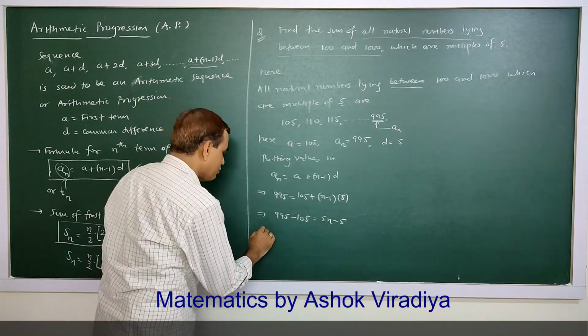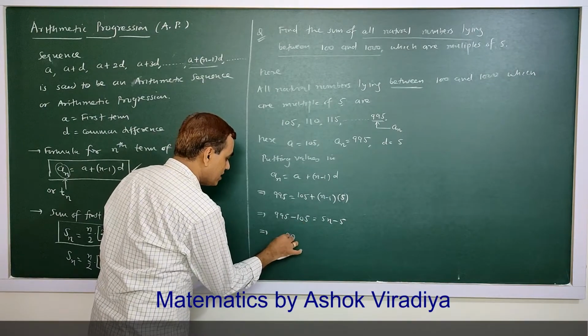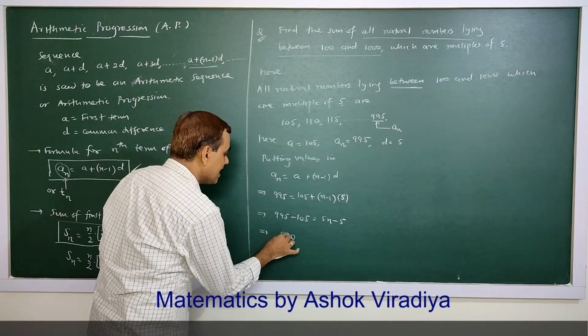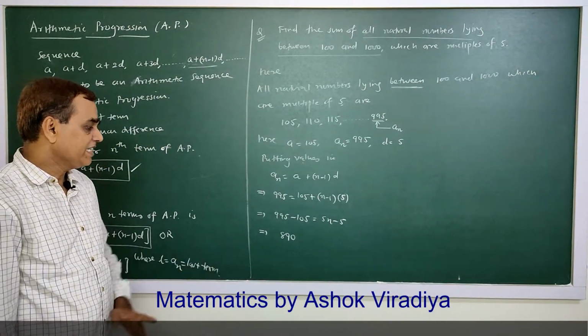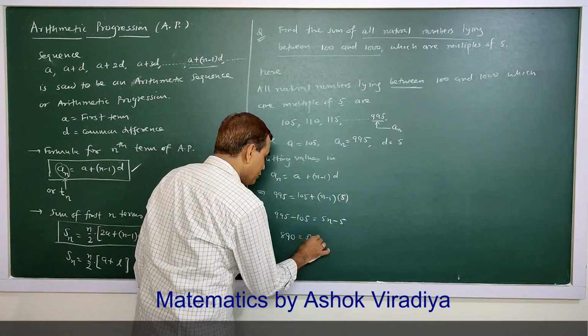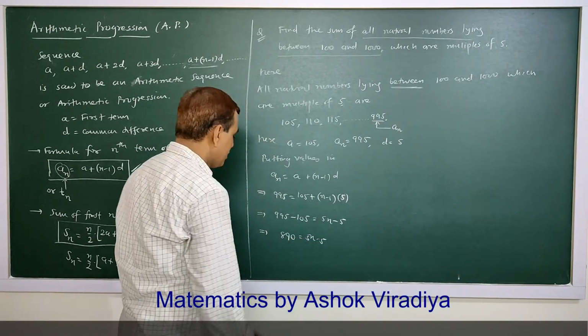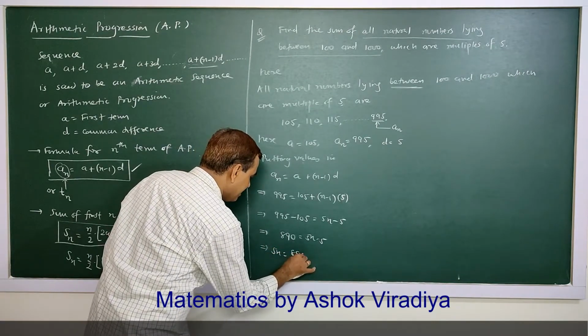Now 995 minus 105: 5 minus 5 is 0, 9 minus 0 is 9, 9 minus 1 is 8. So 890 equal to 5n minus 5. So 5n equal to 895.